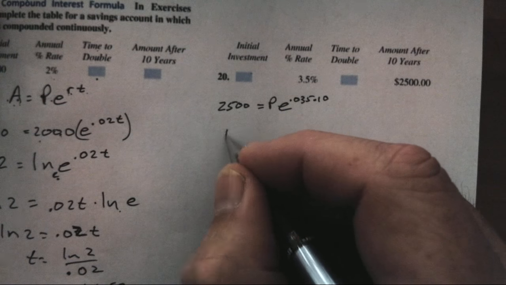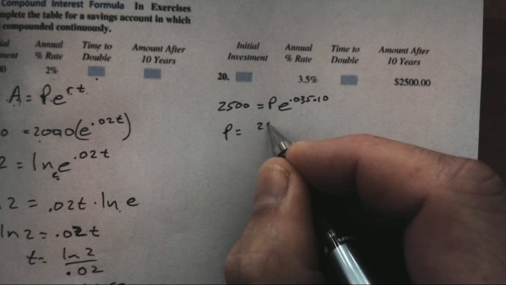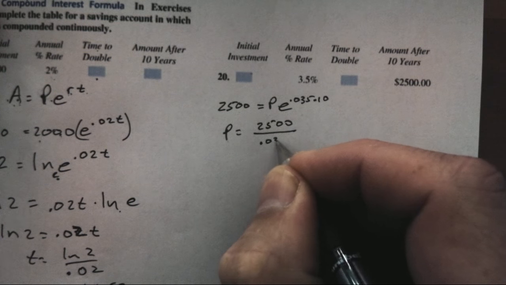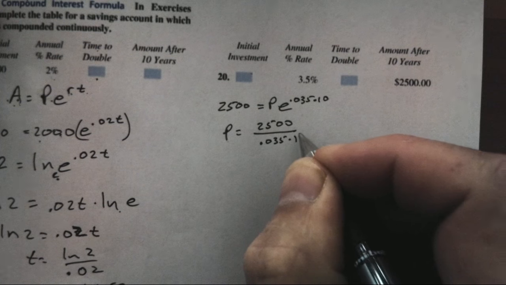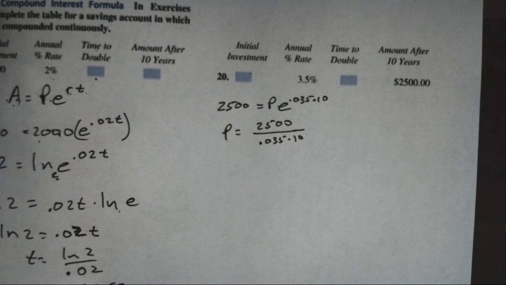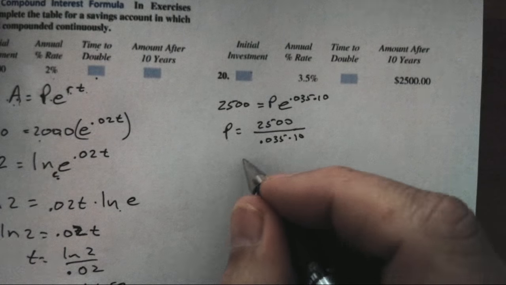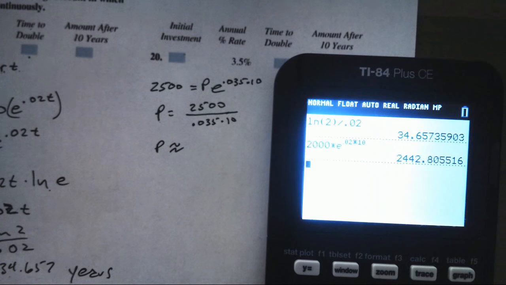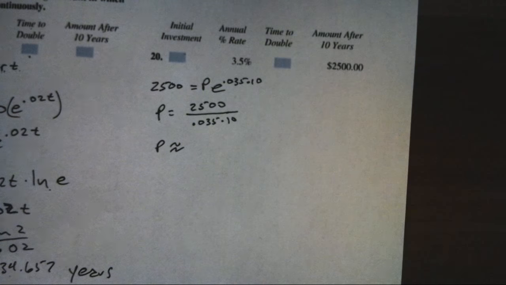Our principal must equal 2,500 divided by e to the 0.035 times 10. So our principal is approximately 2,500 divided by e to the 0.035 times 10, and we get 7142.86.